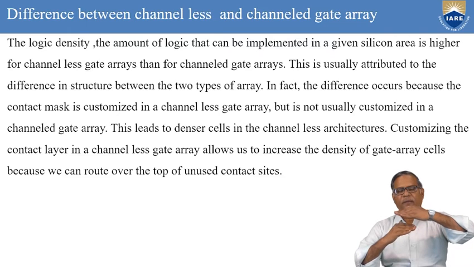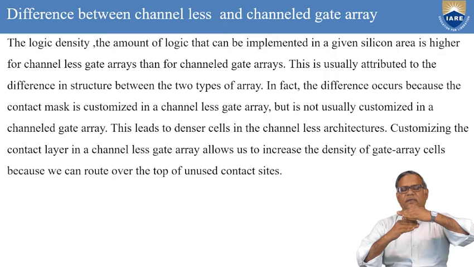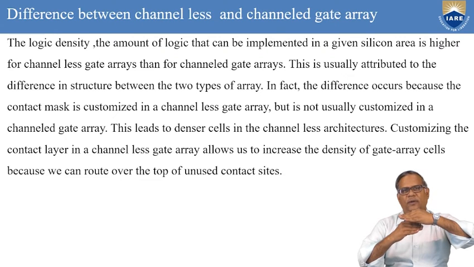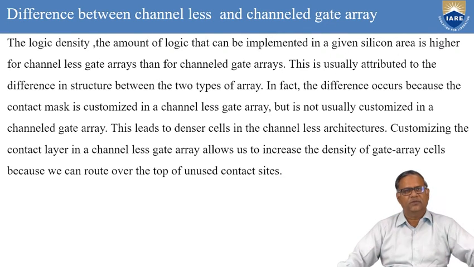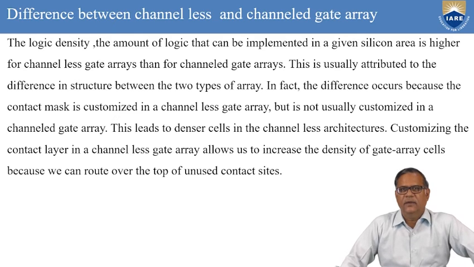See, if you have a top layer and bottom layer, they have a fixed configuration in channel gate array, and mostly that is used for VDD, VSS, global clock supplies and the necessary connections. So it is fixed. But in channelless gate array, you are making the interconnections to the cells using these top two layers. So it is customized.